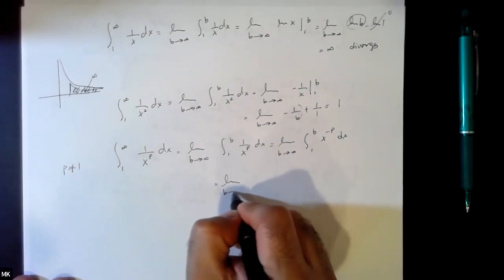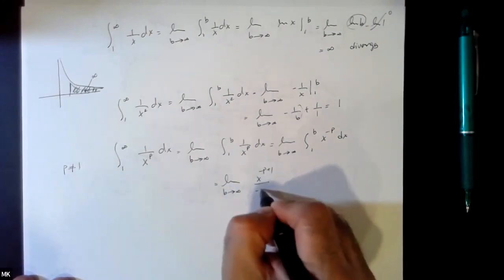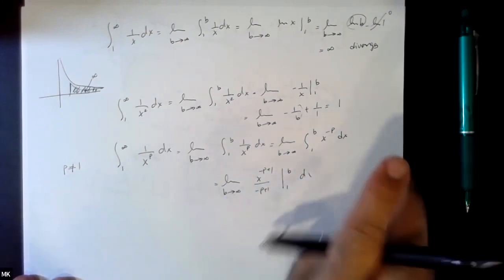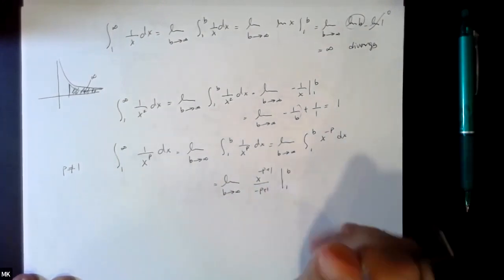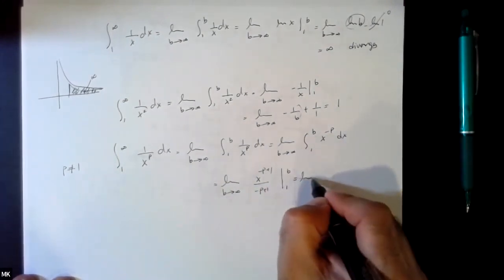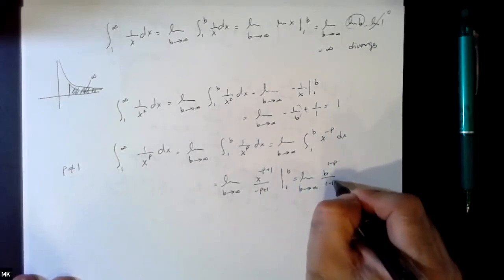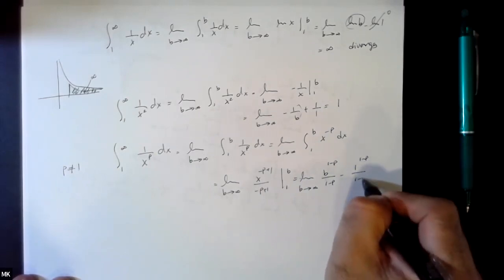I get the limit as b goes to infinity of x to the negative p plus 1 over negative p plus 1, from 1 to b. So it's going to be the limit as b goes to infinity of b to the 1 minus p over 1 minus p, minus 1 to the 1 minus p over 1 minus p.